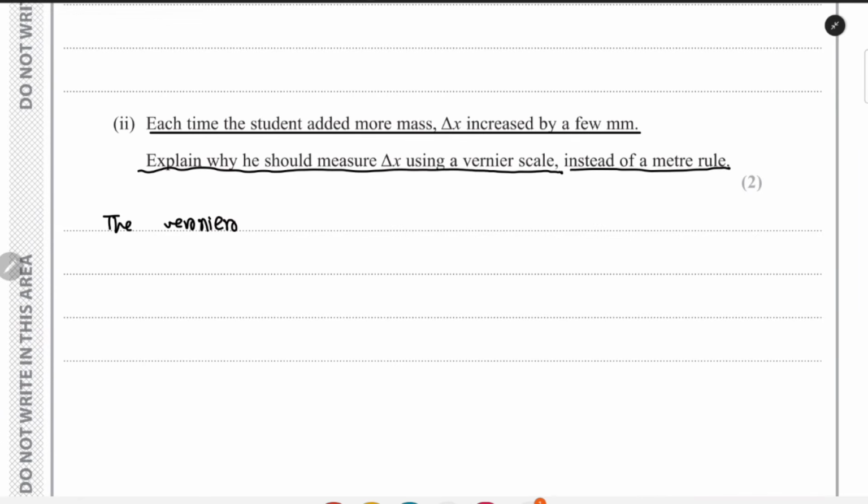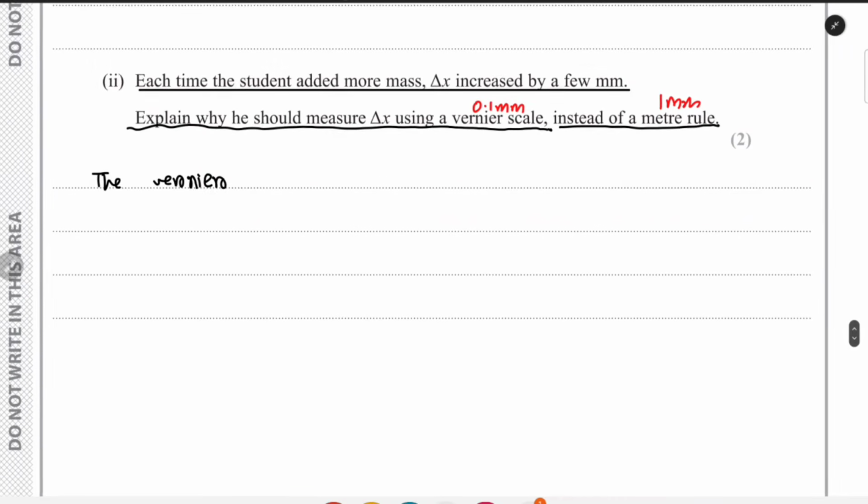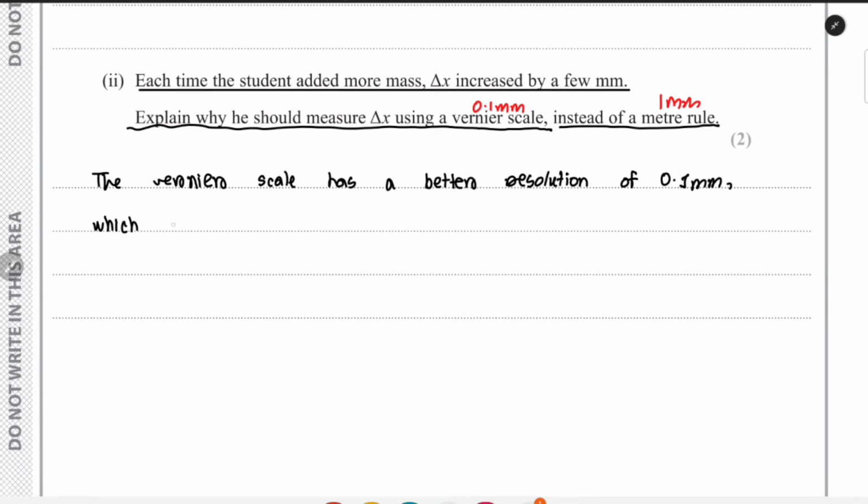The resolution of a meter rule is 1 millimeter, whereas for vernier scale it is 0.1 millimeter, which would decrease the percentage uncertainty in the value of del X.